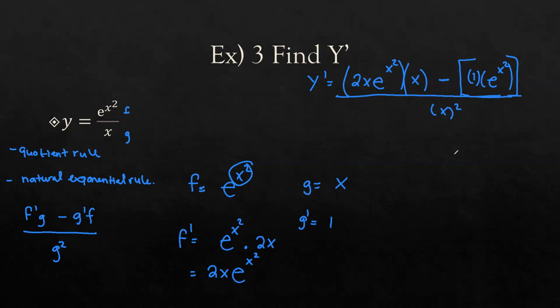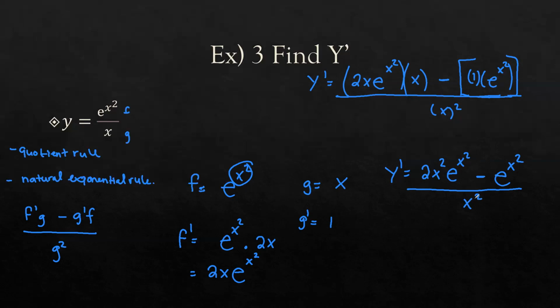Let's try cleaning this up. On the top, 2x e to the x squared times x can be expressed as 2x squared e to the x squared, minus e to the x squared, all over x squared.